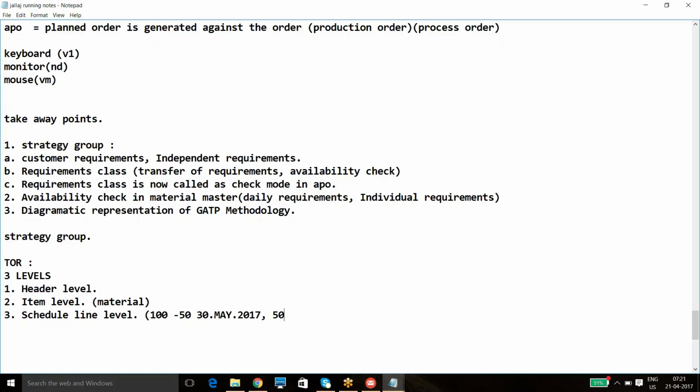So you have to capture two different MIDs for the same requested quantity of 100, and that is only possible if you have schedule lines. You agree, right? Yeah.